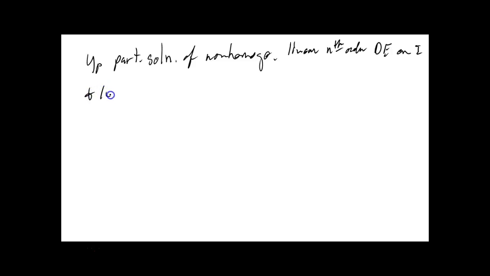And let, just like we did before, y sub 1, y sub 2, y sub 3, dot, dot, dot, y sub n, because we know we have n solutions, be a fundamental set of solutions. A little reminder: remember the fundamental set, these would be all linearly independent of each other.